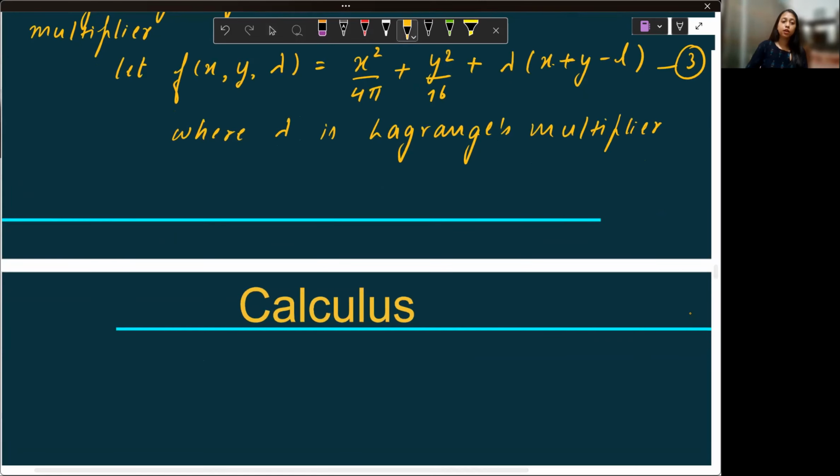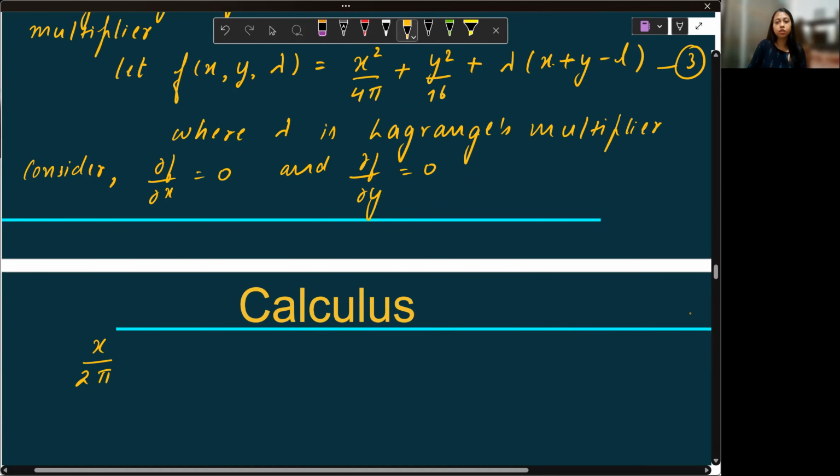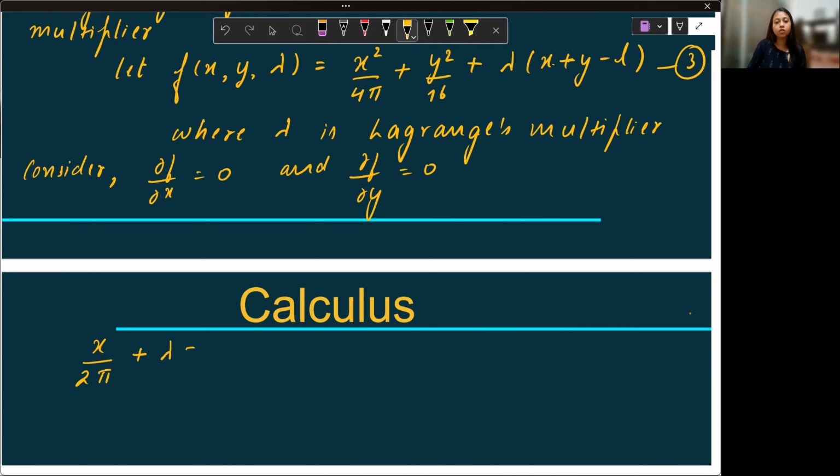First, find the partial derivatives. Consider del f by del x equals 0 and del f by del y equals 0. Differentiating with respect to x, that will be x by 2 pi plus lambda equals 0.